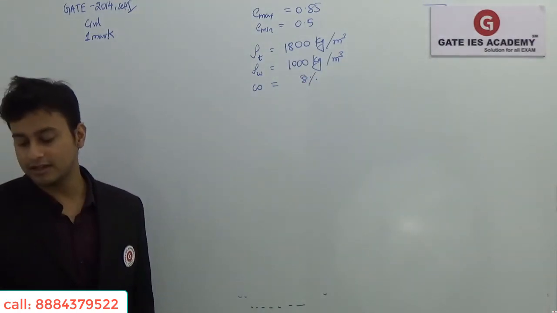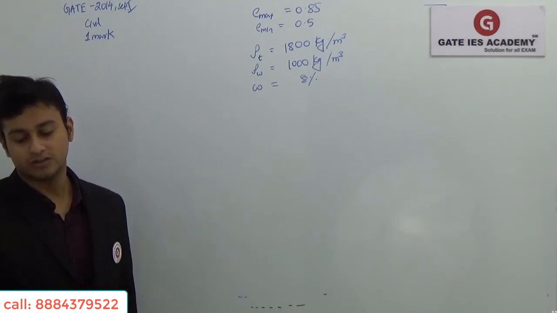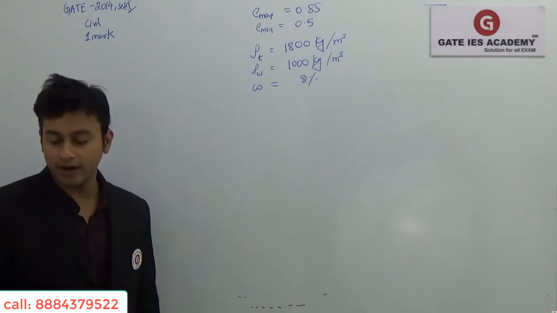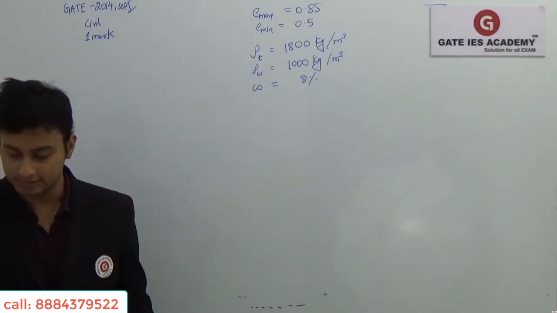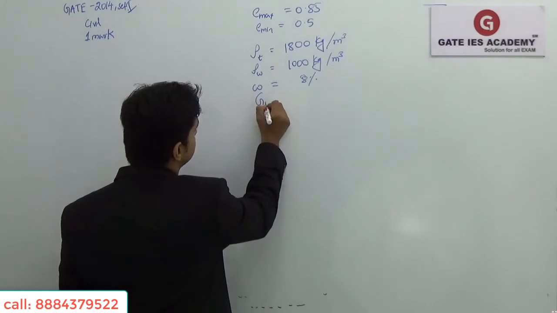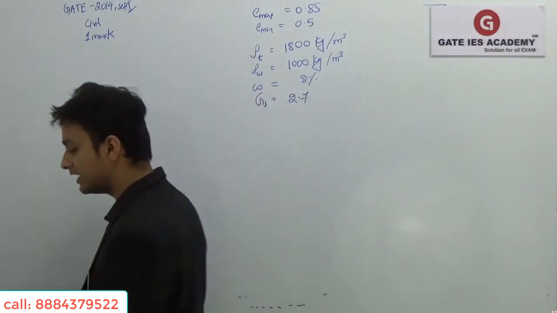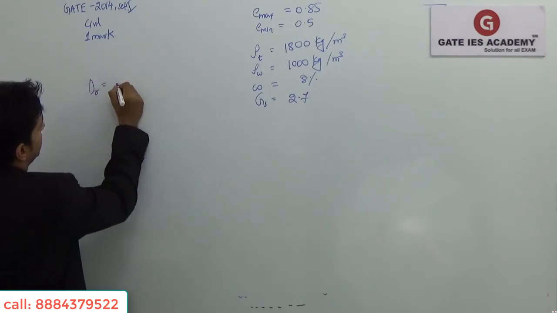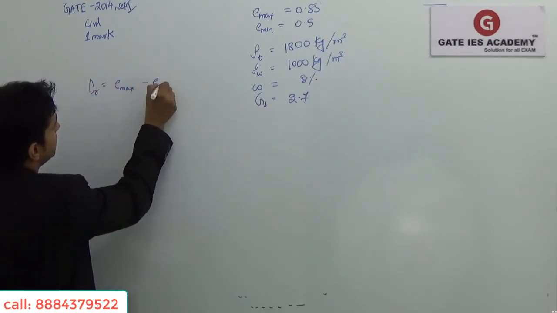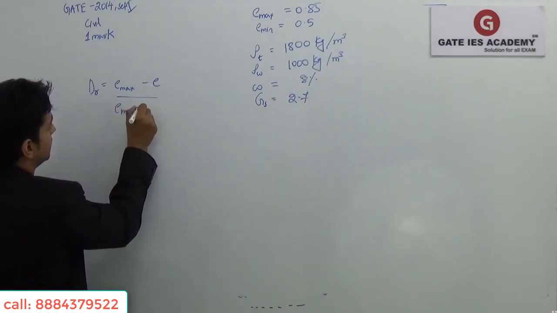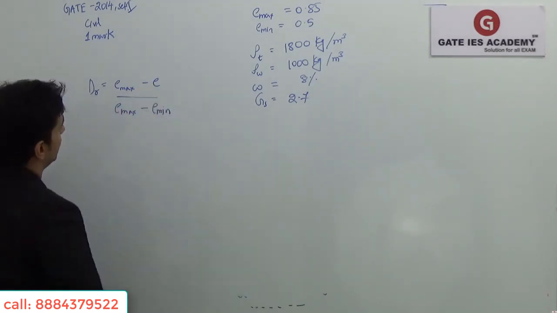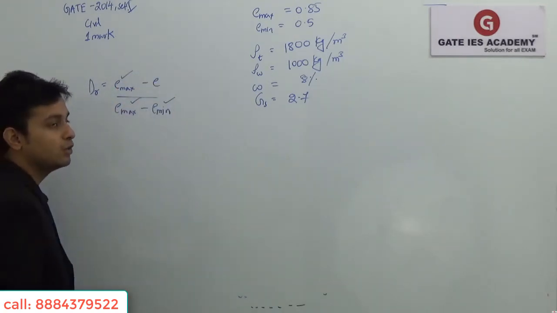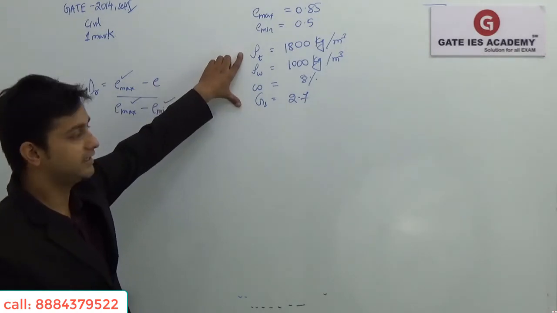And also they have given us the GS value, which is 2.7. First of all, I want to find out the relative density DR. So DR is nothing but equal to Emax minus E upon Emax minus Emin. We know Emax, we know Emin. We need to find out the E value. So E can be found out using these two terms.